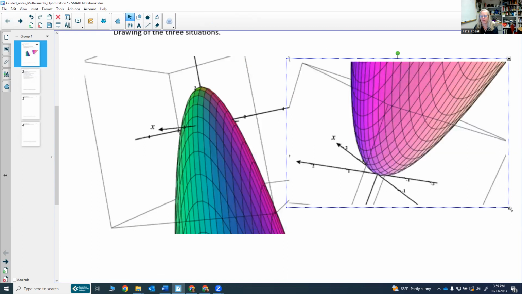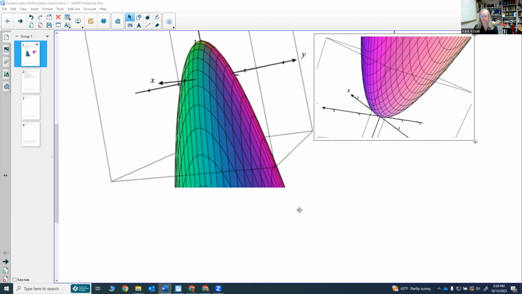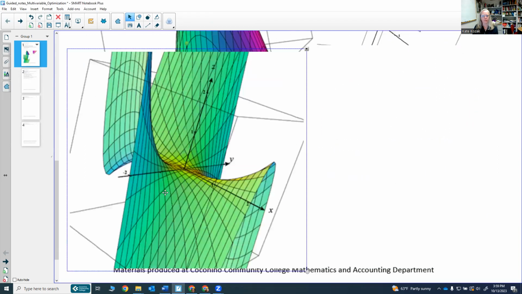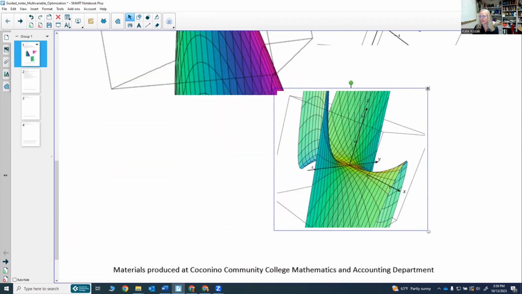Here is a local minimum. Think of the bottom of a bowl as a local minimum. The drawing of a saddle looks like this. Think of it as the shape of a saddle for a horse or the shape of a Pringles potato chip.